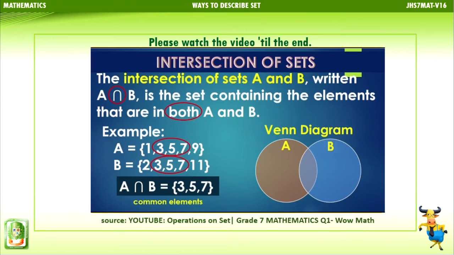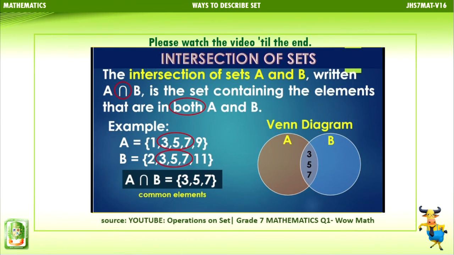So, ano nga ulit ang intersection? 3, 5, 7. Doon natin siya ilalagay sa gitna kung saan nag-overlap sila. Okay? So, the intersection must be placed at the center of two sets. So, nandun siya sa gitna ng Venn diagram kung saan nag-overlap yung dalawang bilog mo.